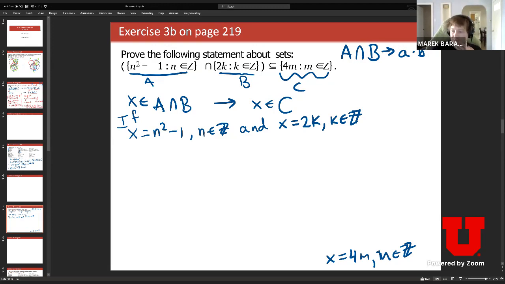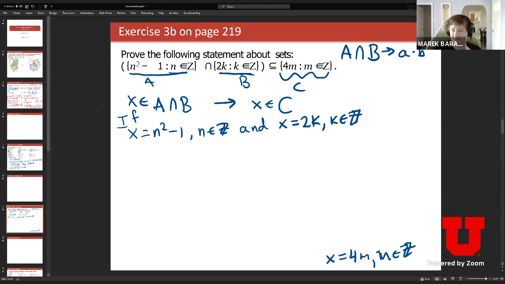Yeah, we got another one. It said maybe substitute x in for n. That doesn't quite work because n is a different integer than k.